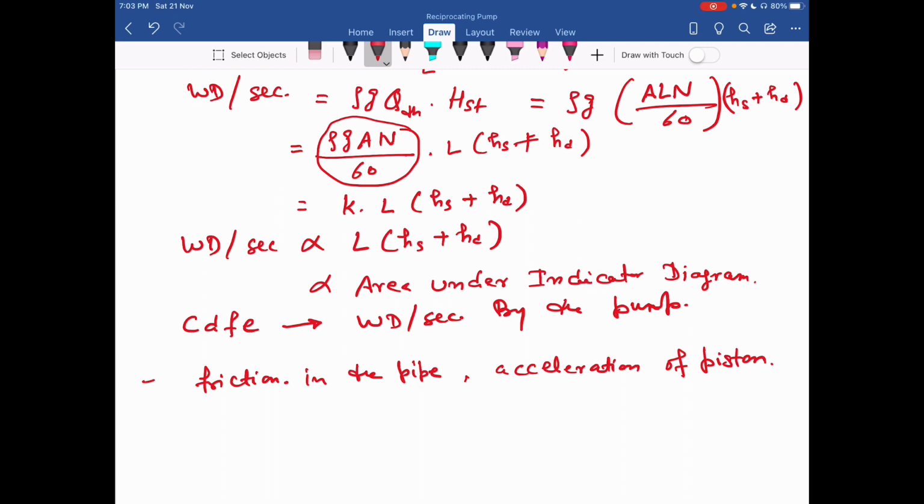So we neglect these two effects on the indicator diagram. That's why I call that diagram an ideal indicator diagram. If I try to introduce these effects separately, then I have different shapes of indicator diagrams.